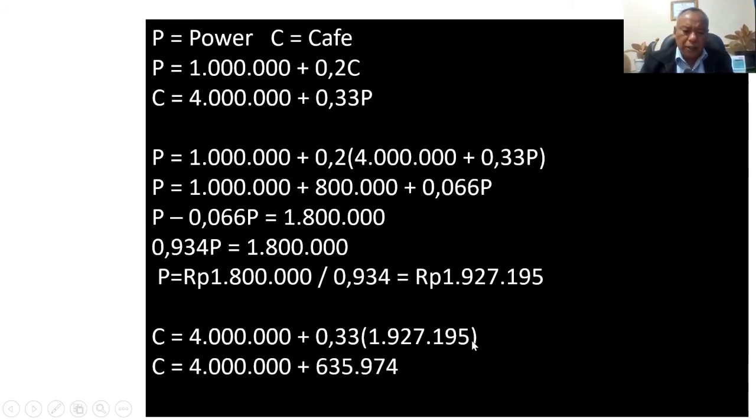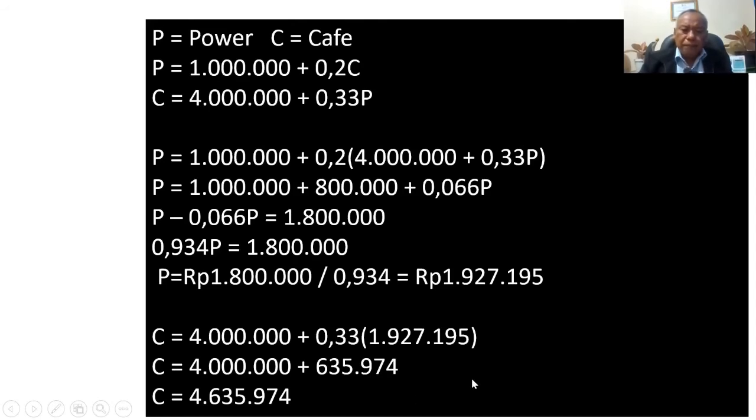So we find in this case 4 million plus 635,974. So the cost after allocation is 4,635,974. Actually 635,974 is the allocated cost from the service department.